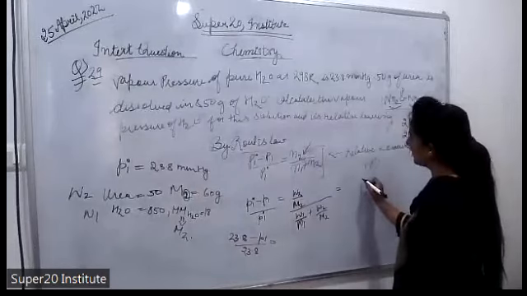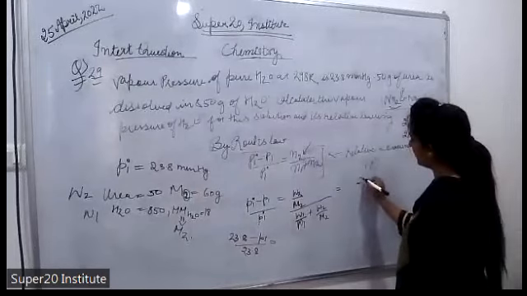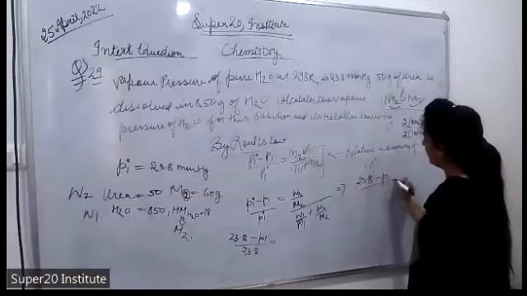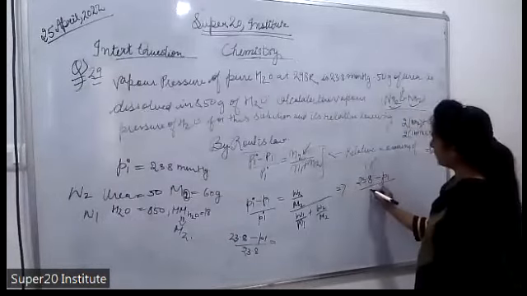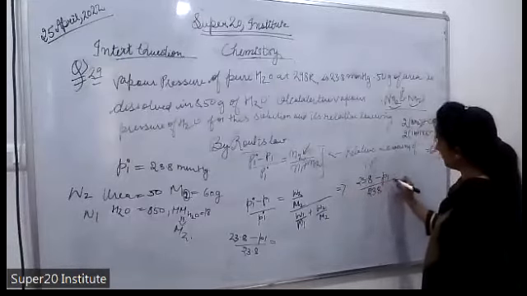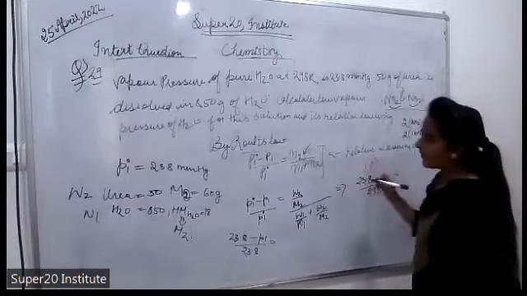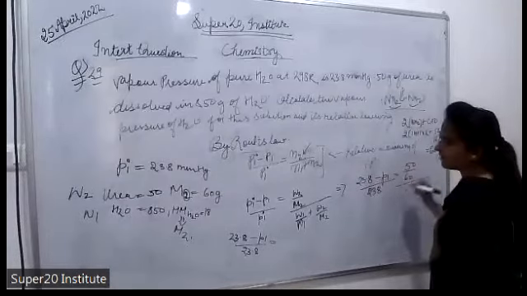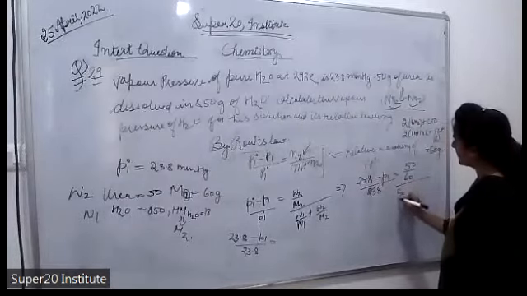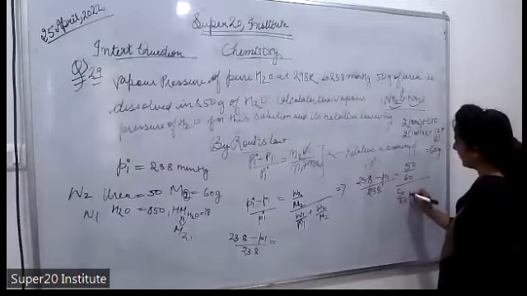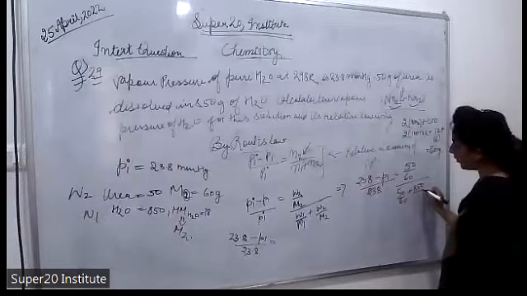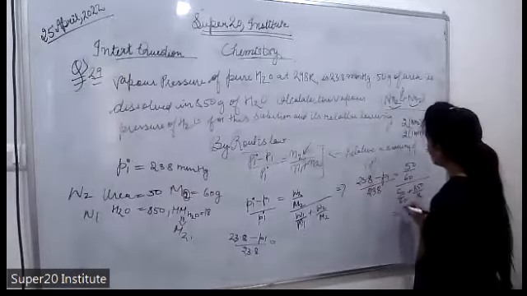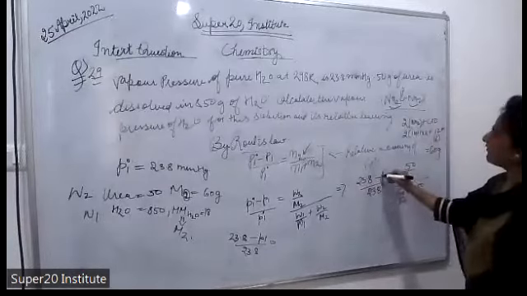We get 23.8 minus partial pressure of solution phase upon 23.8 equals to W2 की वैल्यू क्या है, 50/60 एंड यहाँ 50/60 प्लस 850/18. So solve this equation and find the value of P1.